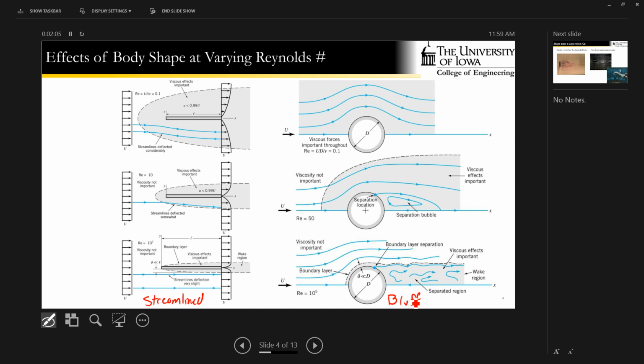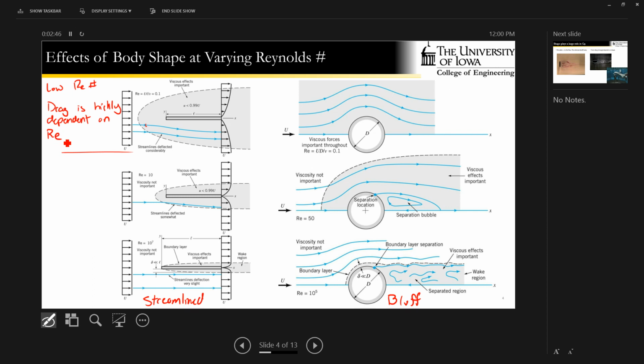So just like we said, this character of the flow, the way the flow looks, is dependent upon these two factors. The drag is also dependent upon these two factors. So at low Reynolds numbers, around like with those figures up at the top, the drag is highly dependent on the value of the Reynolds number.